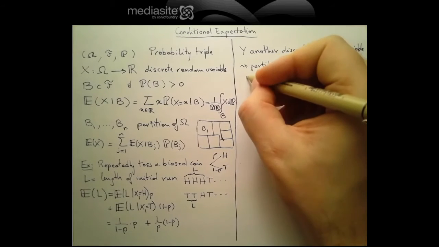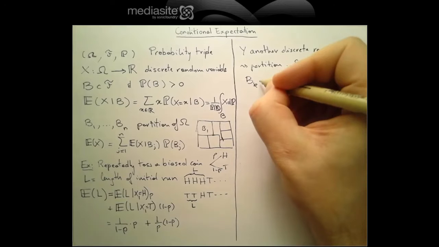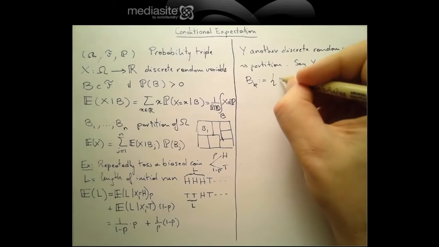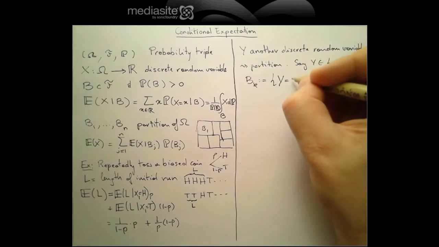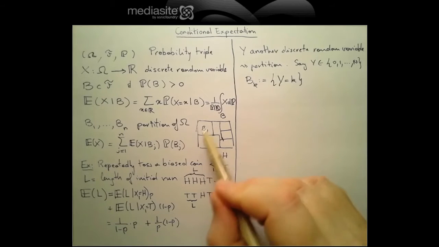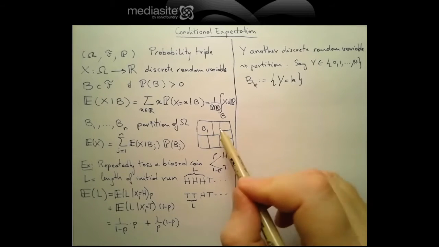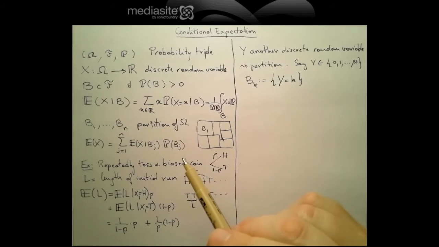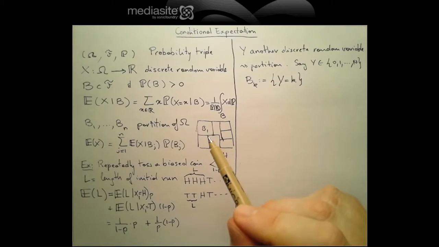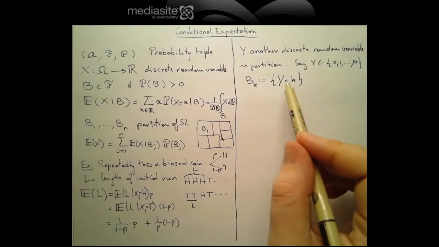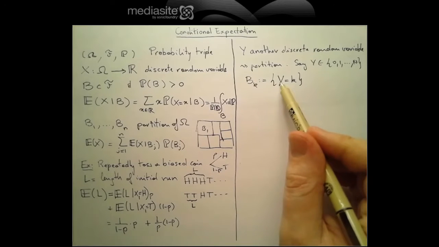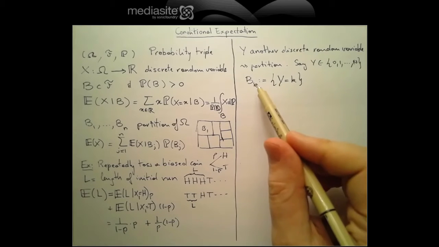Then we can define a partition by letting B_k, I call these the tiles of the partition, be the level set, right? All the outcomes that have measurement Y equal to k. And it's a partition because everybody has a certain value of Y, so it's in one of these tiles.